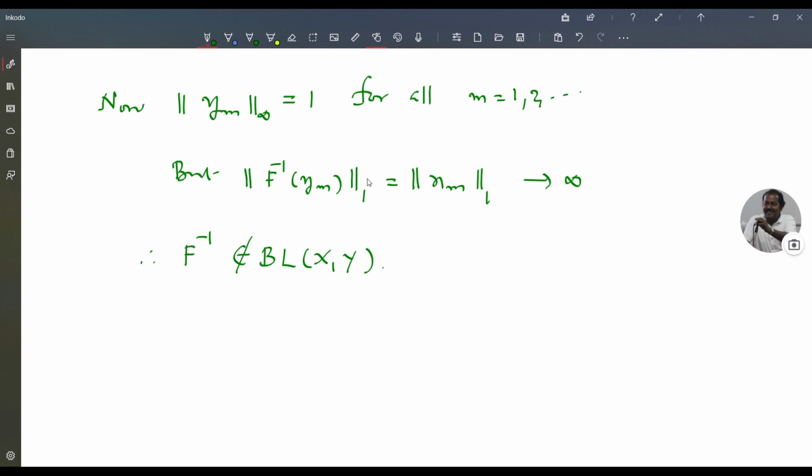Therefore, by the bounded inverse theorem, f cannot be surjective.